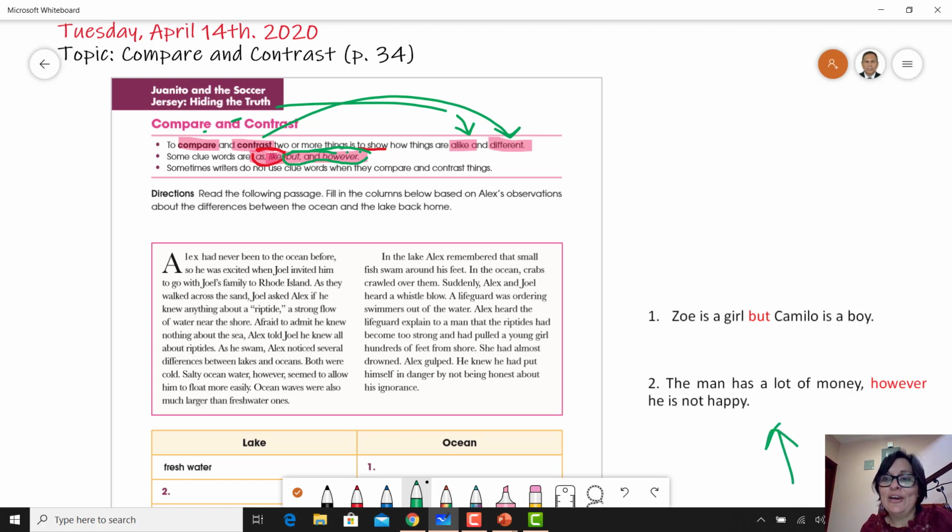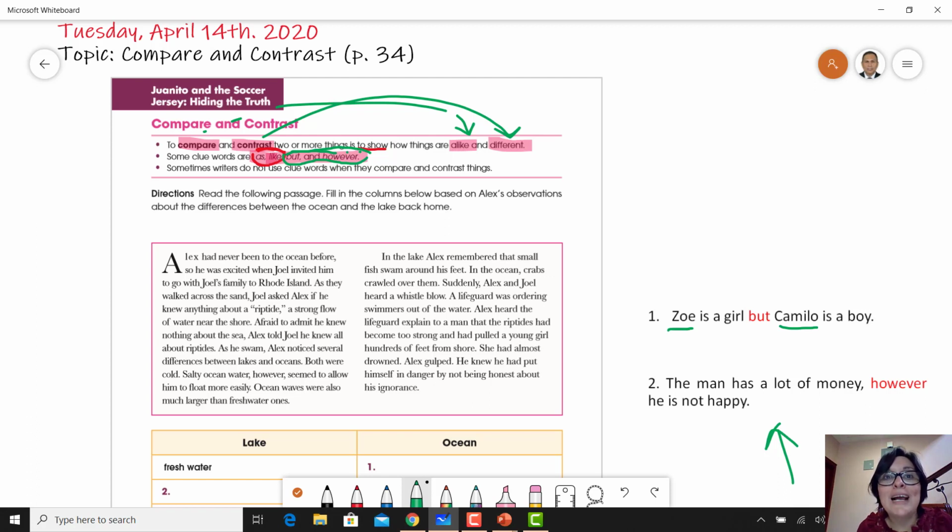Zoe is a girl, but Camilo is a boy. So in here we are comparing Zoe and Camilo, right? Well, we are not comparing, because comparing is to look for the similarities.